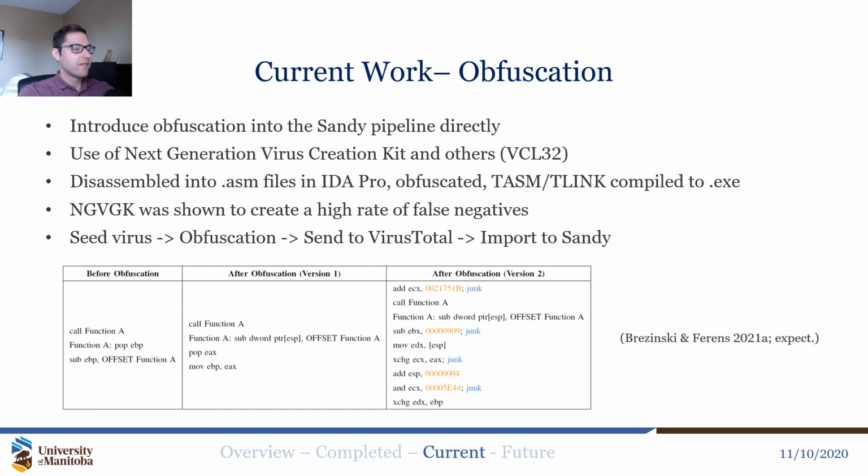On the very left we have what a seed virus would look like, where it's calling a function A, populating an EBP register, substituting from the EBP register and then offsetting function A. It can be obfuscated where it's semantically similar to before, but some of the instructions are reversed or use different registers, or the instructions are substituted with semantically equivalent ones. So it performs the same operation, runs normally, but it looks different.